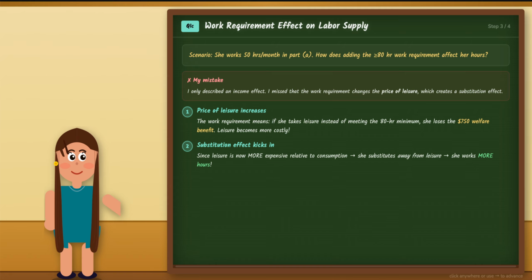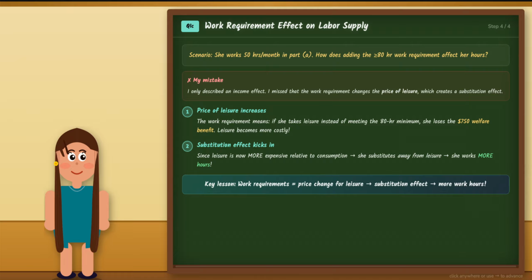So if she takes leisure instead of working, she loses the $750 welfare benefit. That makes leisure more expensive relative to consumption. And because leisure is now more expensive, the substitution effect tells us she should substitute away from leisure and toward more work. This is the key insight.